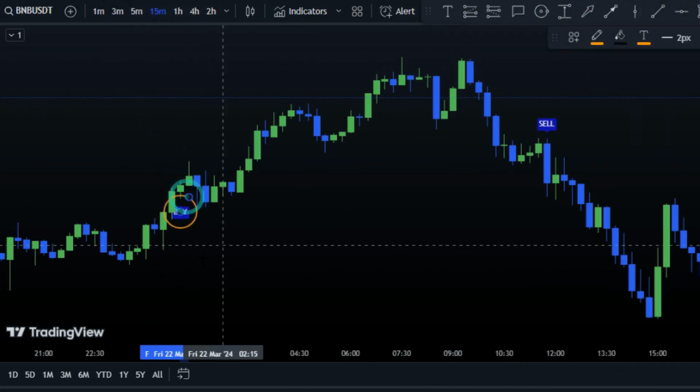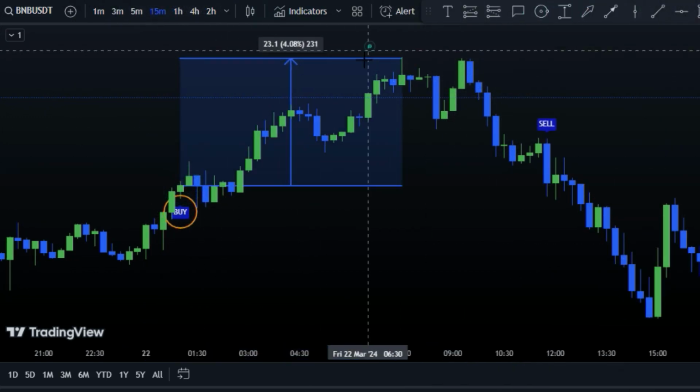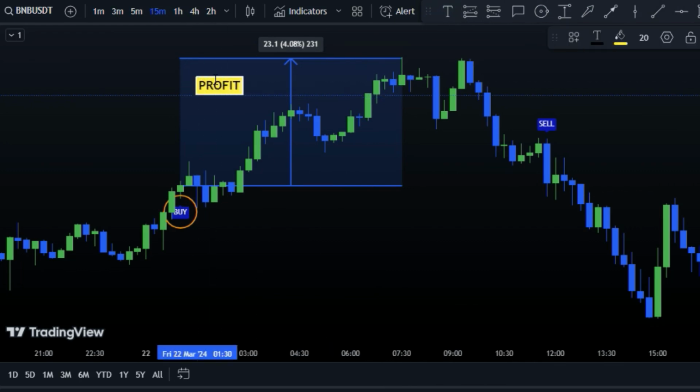Alright, so now that we've customized the settings, you'll notice that the indicator is even better at finding profitable trades, as you can see in these examples.